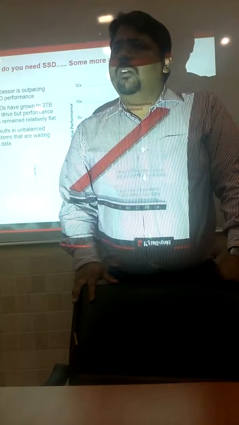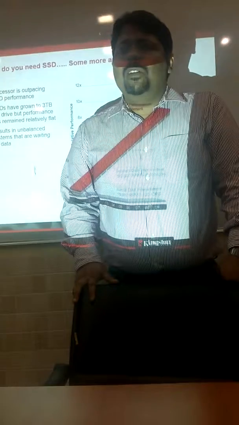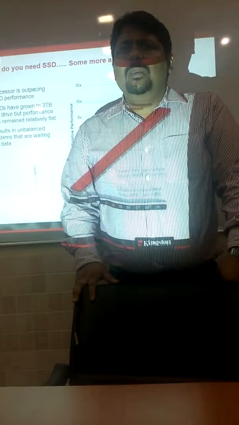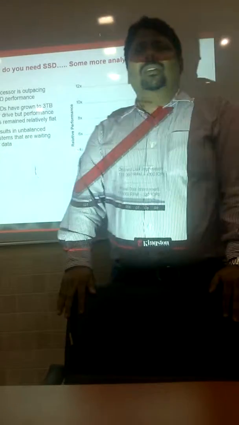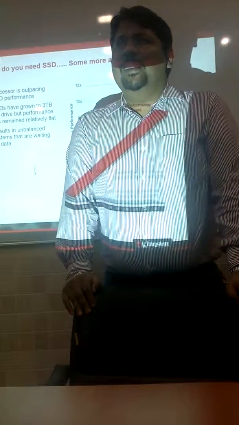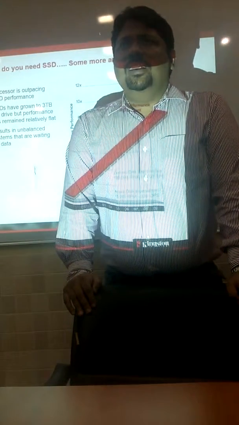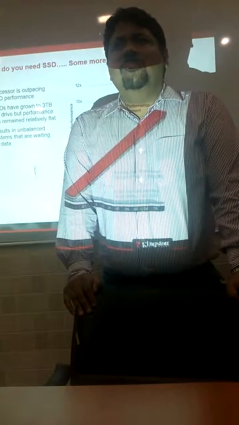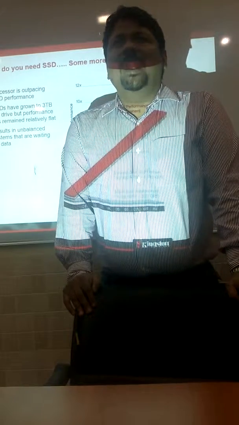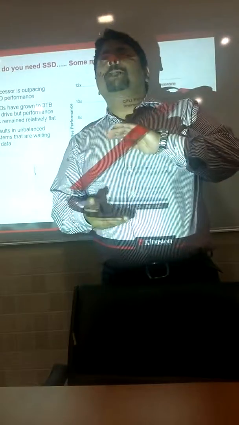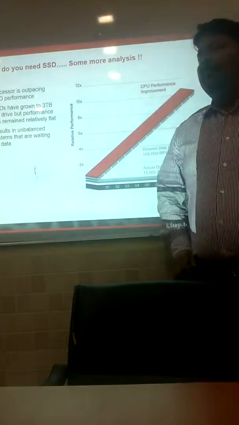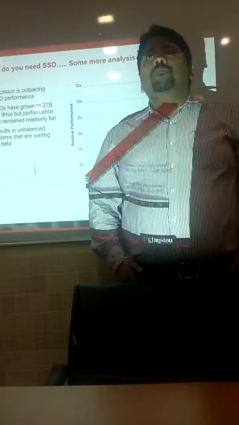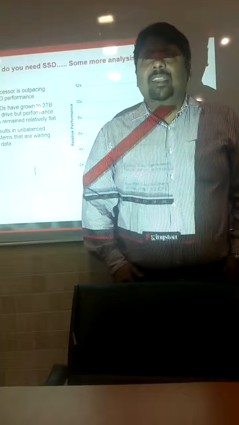The capacity of your hard drive may be 500 GB, maybe 1 TB, maybe 2 TB, or maybe 3 TB. So with such a high specification of your processor and your storage, the desirable performance of your hard drive should be minimum 195K. So see the big gap. The result is an unbalanced system which is waiting for data, leading to a system crash and loss of your important data.